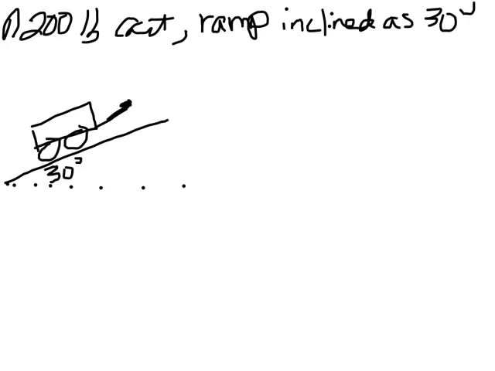Okay, so let's think about this for a minute. What's going on here is we do have a force acting on this cart, don't we? It is gravity, and it's going down like this. The force due to gravity is 200 pounds downward, so I can represent that.